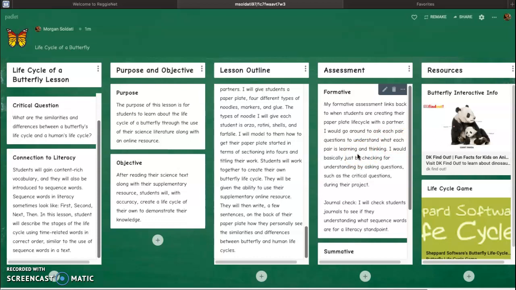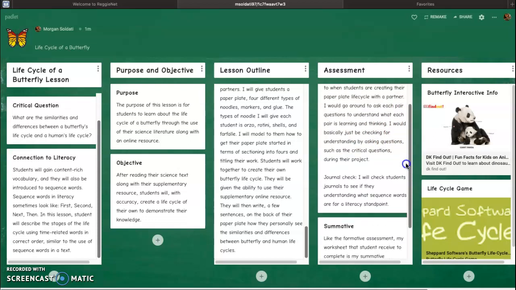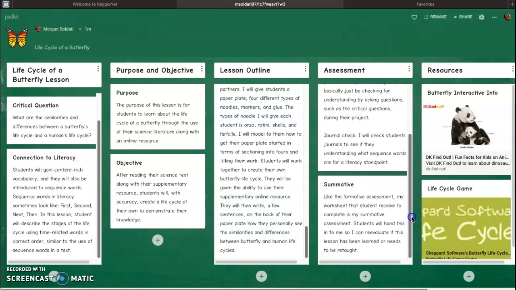I mean, you could even ask the critical question during this to see if they really do know what the butterfly's life cycle is. And I think that my journal check would fall under formative assessment too, because I'm not really grading it hardcore. I'm just seeing how well they understand the sequence and time related words.